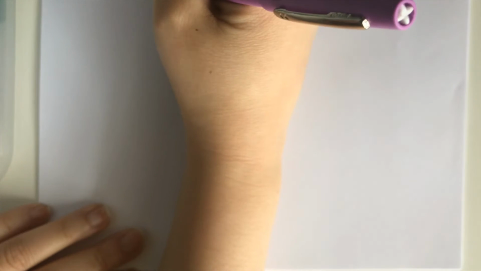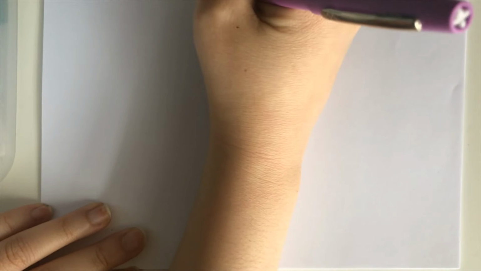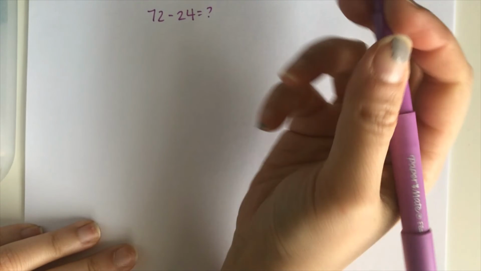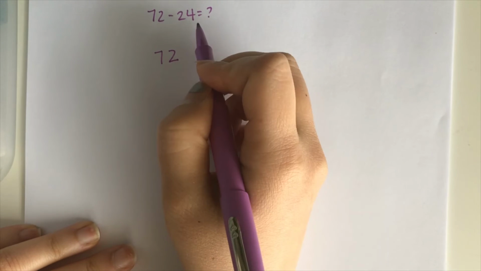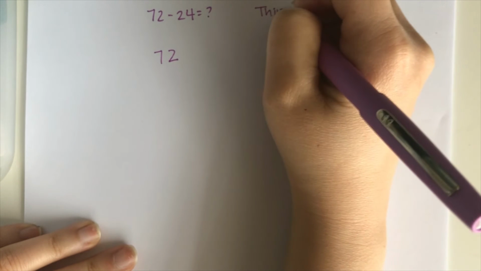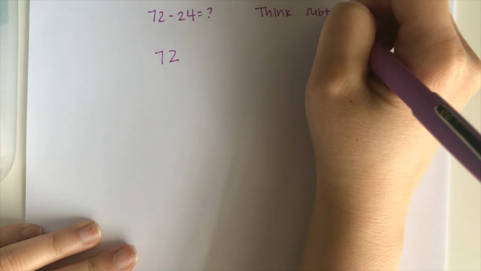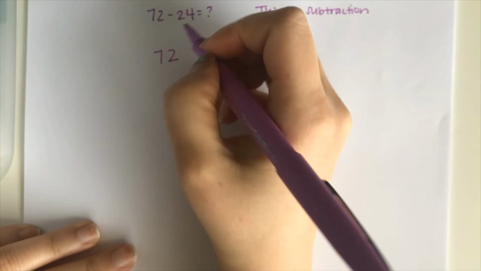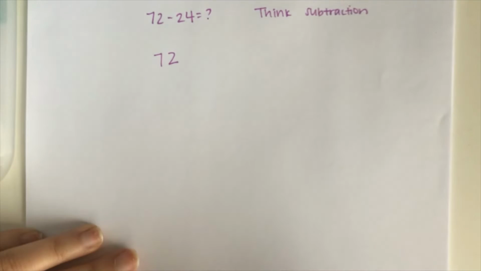So we already figured out that this is our number sentence that we're working with right here. And what we're going to do with this one is we are going to subtract in parts. So we're going to do that think subtraction. And what we're going to do is we're going to break this number apart and then subtract it individually.